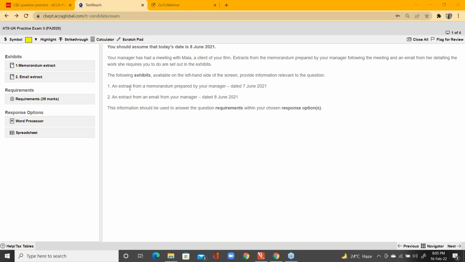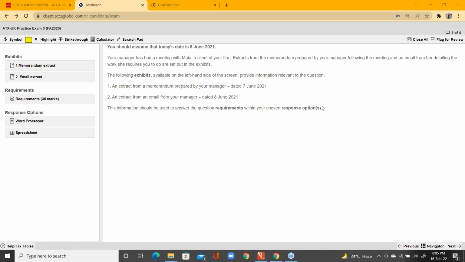The following exhibits: number 1, an extract from the memorandum prepared by your manager dated 7th June 21. That's the memorandum extract. And another extract from an email from your manager dated 8th June, the email extract. This information should be used to answer the question requirements within your chosen response options.